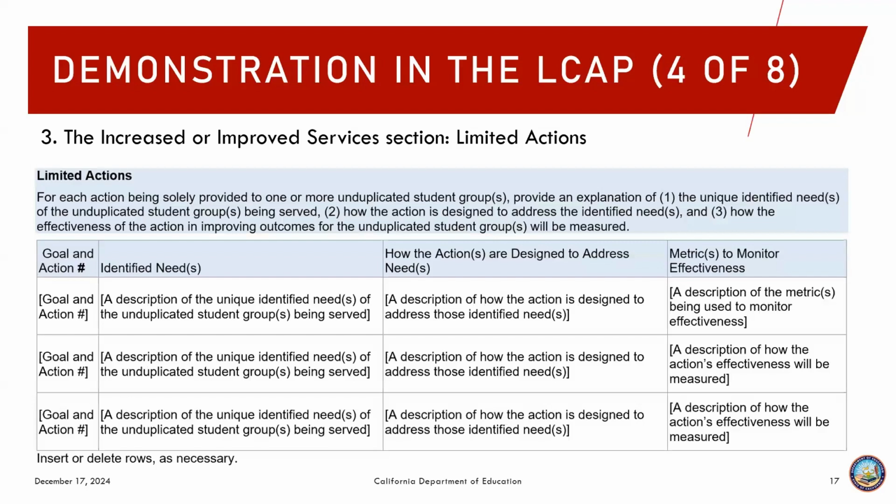Then there's also the requirement in both the LEA-wide and school-wide actions and the limited actions to identify the metrics that are being used to monitor effectiveness. At a minimum, that has to be one metric for each action or group of actions. It can be multiple measures of progress.